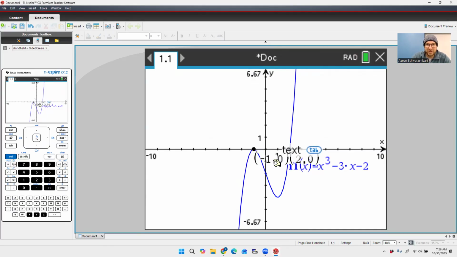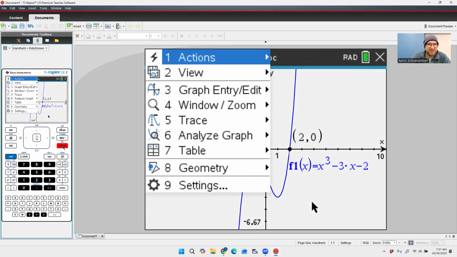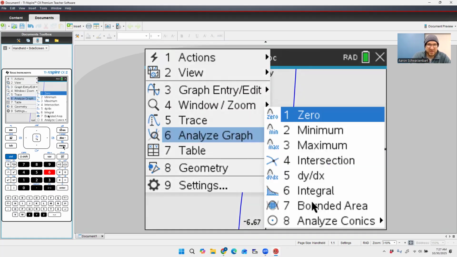One thing that's helpful with the TI Inspire, this little hand, if you click on it, you can drag the point around so it's easier to see, so things aren't written on top of each other, because it will label them on top. That appears to be a maximum. Menu. Let's go find the minimum.